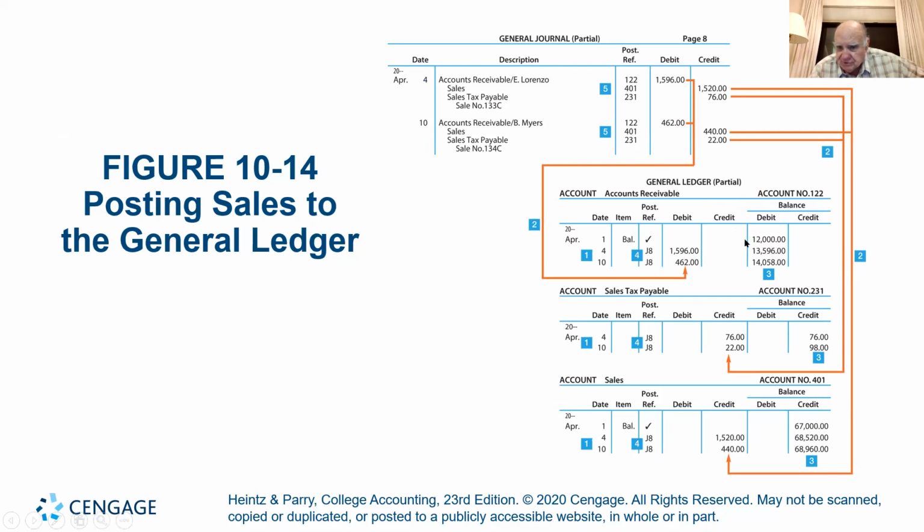This is what customers owed us at the beginning of the month from sales, obviously, prior to the second quarter. And we just saw that we had a couple of sales here, 1,596 and 462. They're not showing all of them. They're showing the first two transactions.